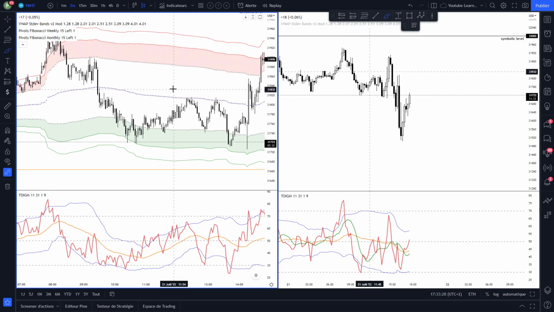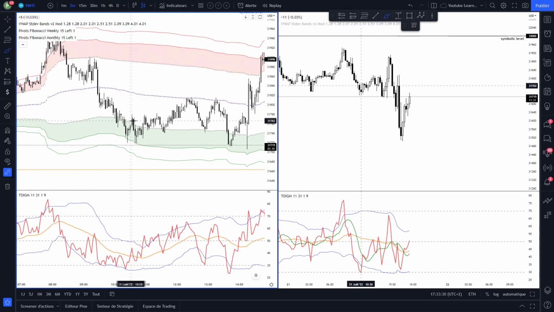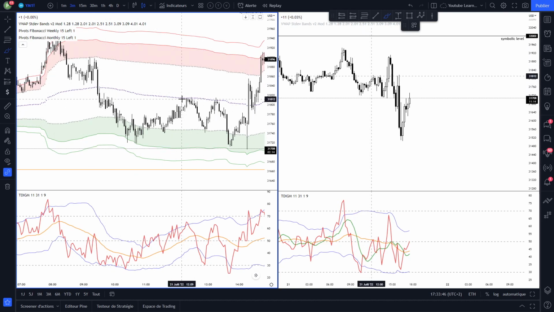For the VWAP indicator, I will always try to look for long positions if I am in the green cloud, and short positions if I am in the red cloud, because the price is too far from VWAP, so it will recover and come back to VWAP at a certain time.